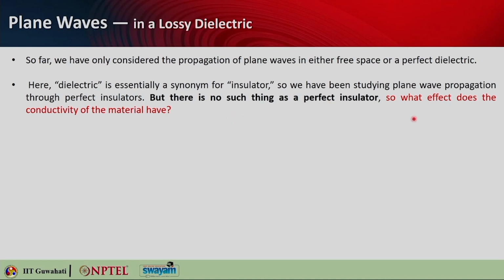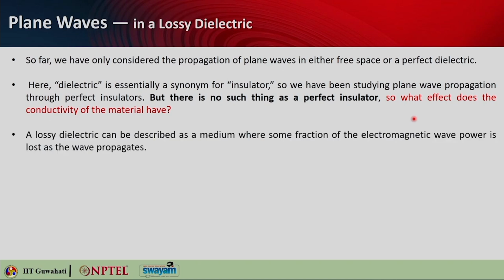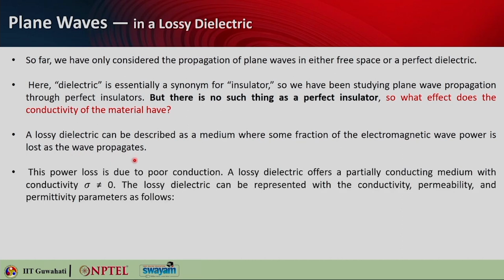So what effect will the conductivity of the material bring into the picture? That means the dielectric is lossy. A lossy dielectric can be described as a medium where some fraction of the electromagnetic field power is lost when the wave is propagating. So that is how it is lossy.